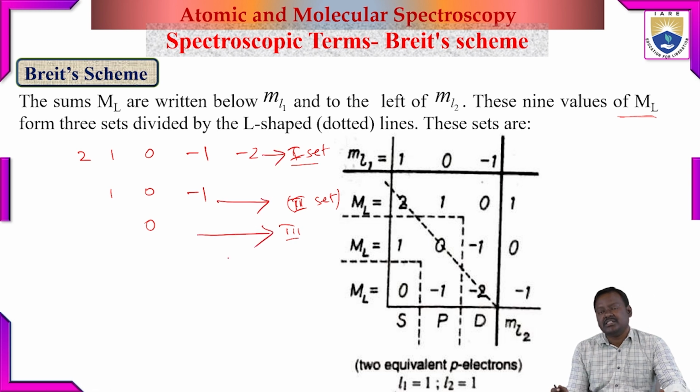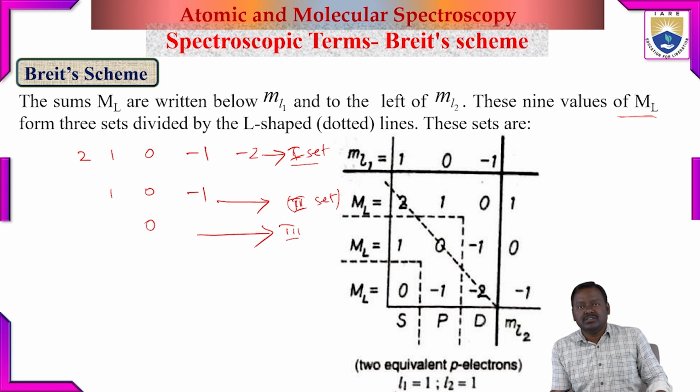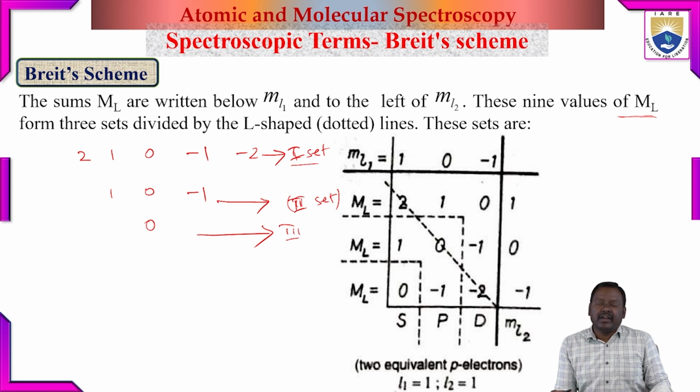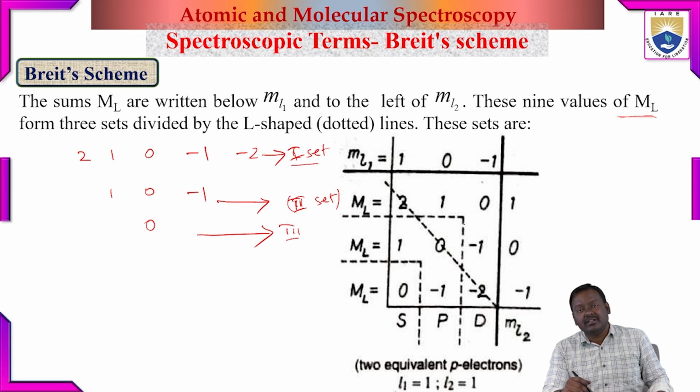There are three sets of ml values according to Breit scheme. So there are nine ml values possible by taking the combination of the two electrons having different ml values.